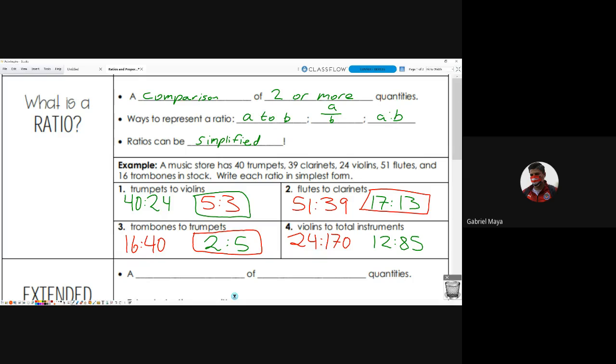Yeah, divided by 2. Correct. You can't simplify it any more than that. Yeah, very good. All right. Well, let me box the answer. Let's keep consistency. Back to 24 to 170.